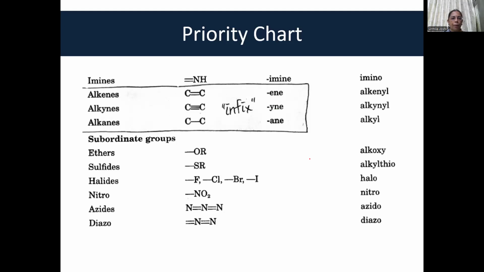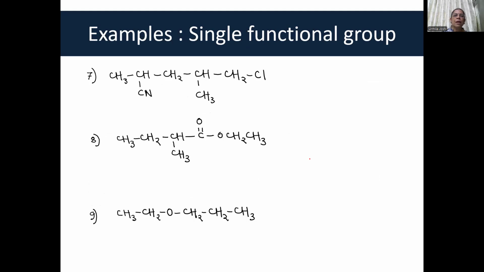More details about this we will study in the next video when we are taking multiple functional group examples. Okay. So these are single functional groups. Now here, just see, cyano is the parent major functional group. So number such that the major functional group gets the lowest possible number.